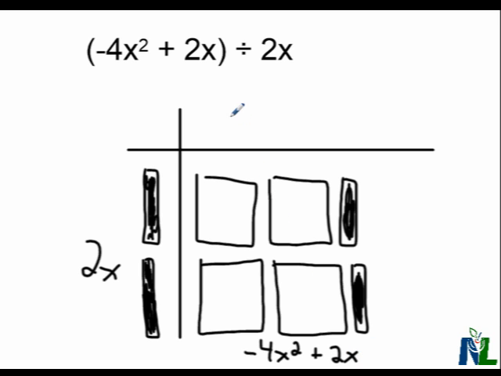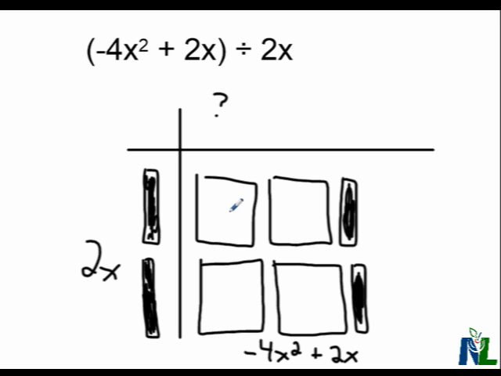From this step, we need to try and figure out, well, what's the quotient? What's the answer? And it's going to be the other dimension in our area model. And here's how you can think about it. If we have a positive x, what can we multiply it by in order to end up with a negative x squared tile? Well, think about the sign first. Positive multiplied by a negative is going to end up with a negative product.